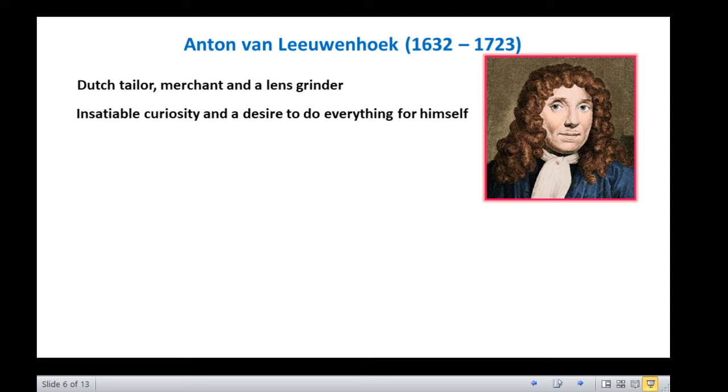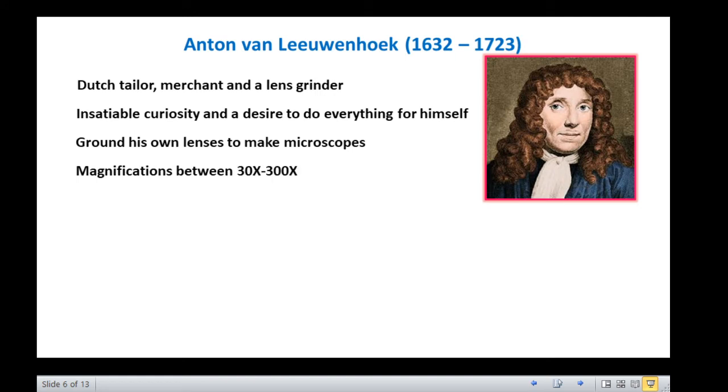So, instead of buying a magnifying glass already available, he ground his own lenses to make microscopes with short focal length, lenses giving magnifications between 30 to 300 times. Soon, he began wondering what everything around him actually looked like. It is said that he was greatly inspired by reading Hooke's Micrographia.